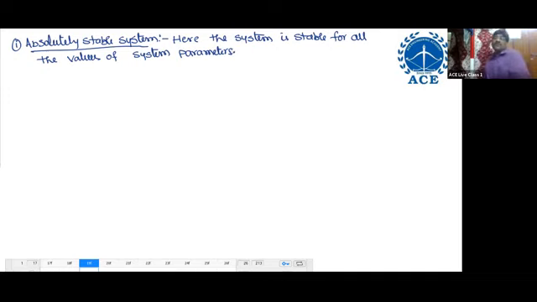K and tau. For all K, like K from 0 to infinity, it is stable. Then we can say it is an absolutely stable system.